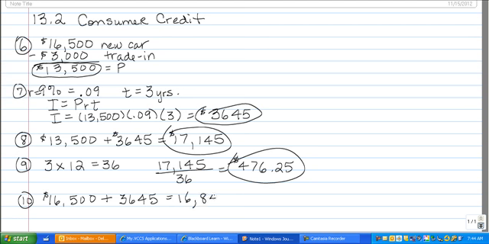One of my keys didn't register, so 16,500 plus 3,645. I thought that was a little bit low. Okay, so we're getting $20,145 is what the new car is actually costing when you include the interest.